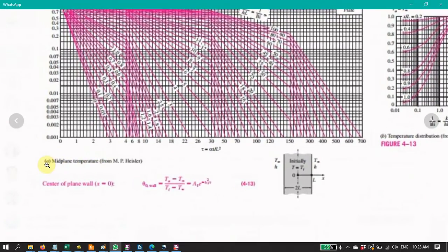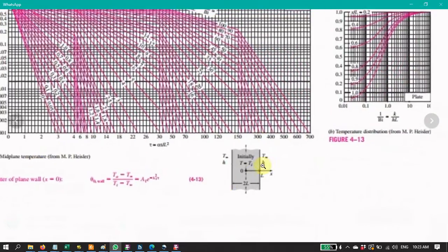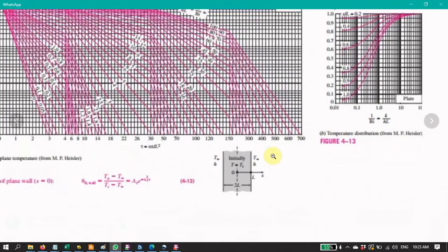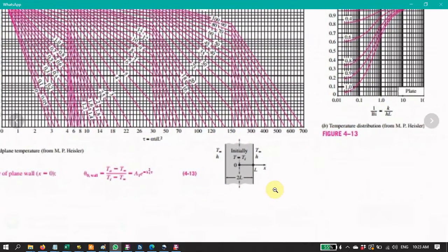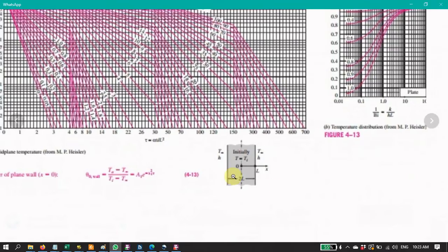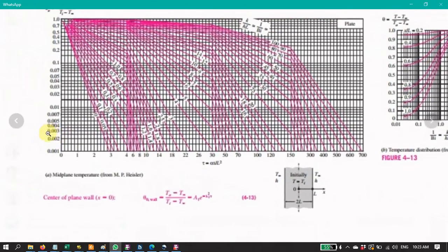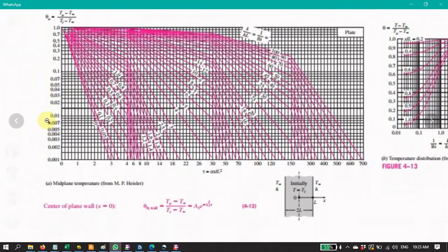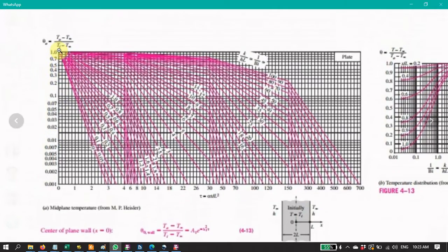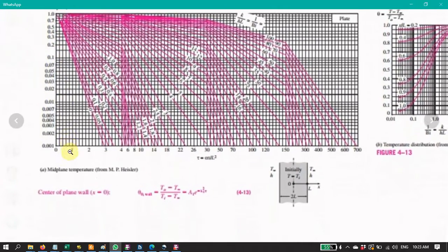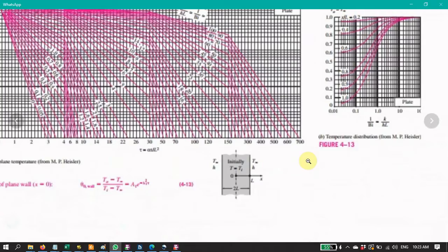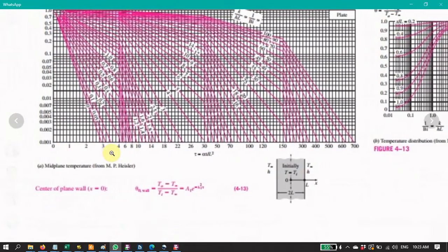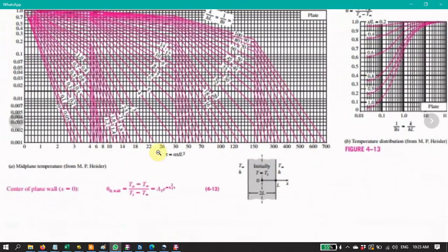I've shown the model of the heat transfer system in the bottom figures. The vertical axis is the dimensionless temperature in a logarithmic plot, and the Fourier number is on the horizontal axis.